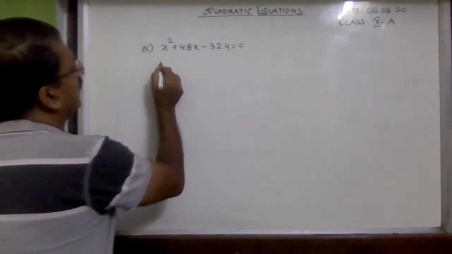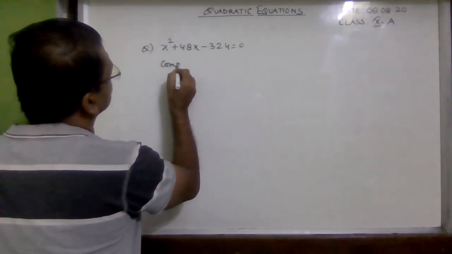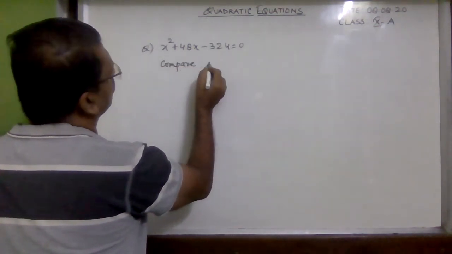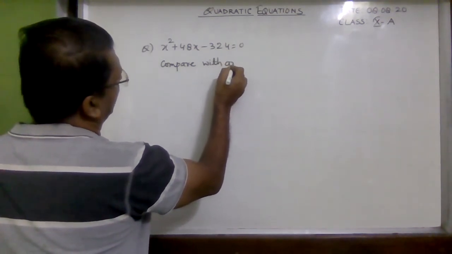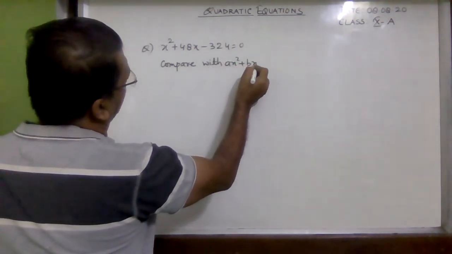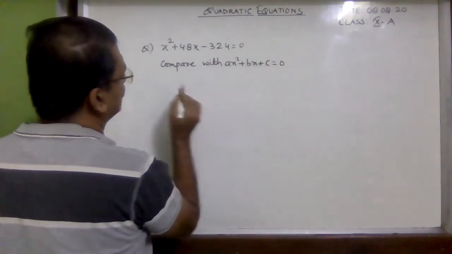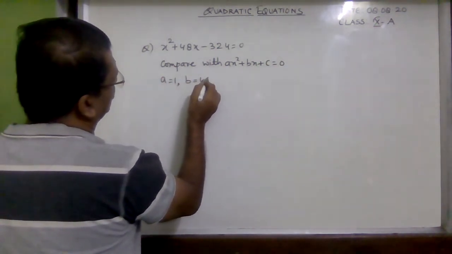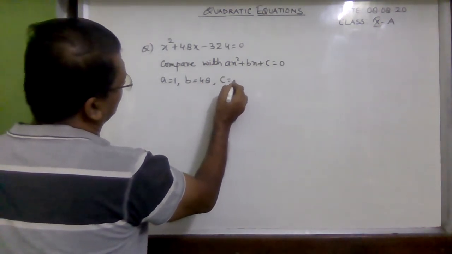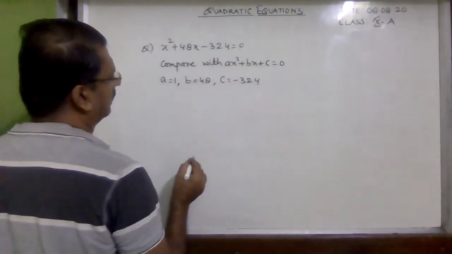Now compare with ax² + bx + c = 0, then a is equal to 1, b is equal to 48, c is equal to −324.